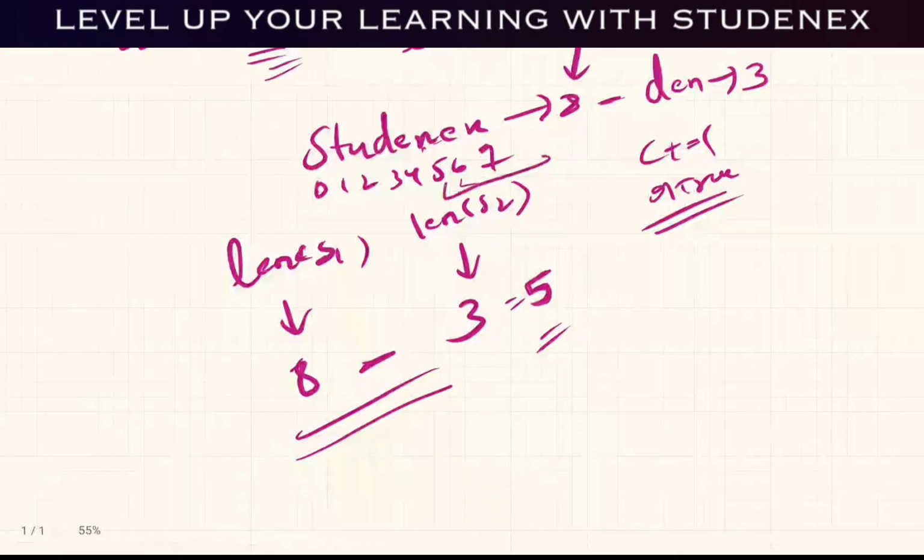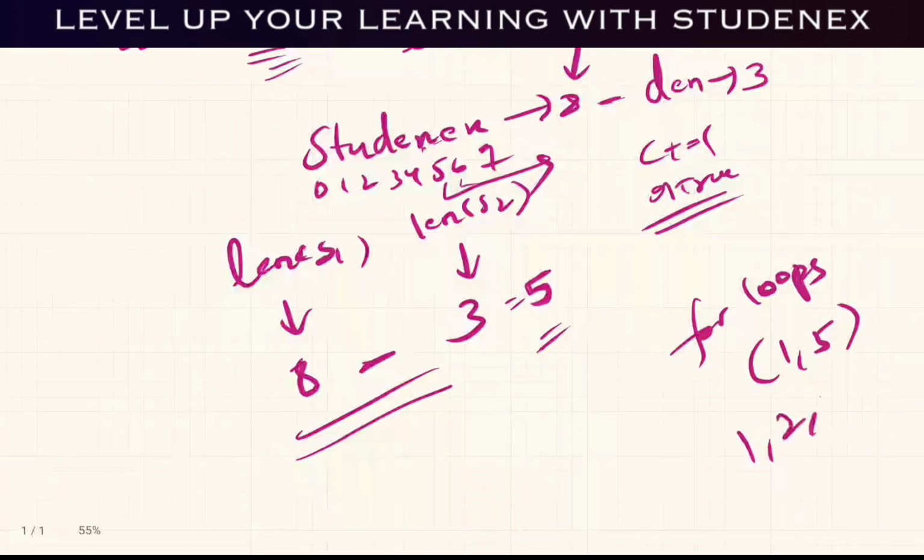Don't forget in for loops, if you loop from 1 to 5, it just does 1, 2, 3, 4. Four iterations only. It doesn't count 5. The same thing goes here, it doesn't check here.